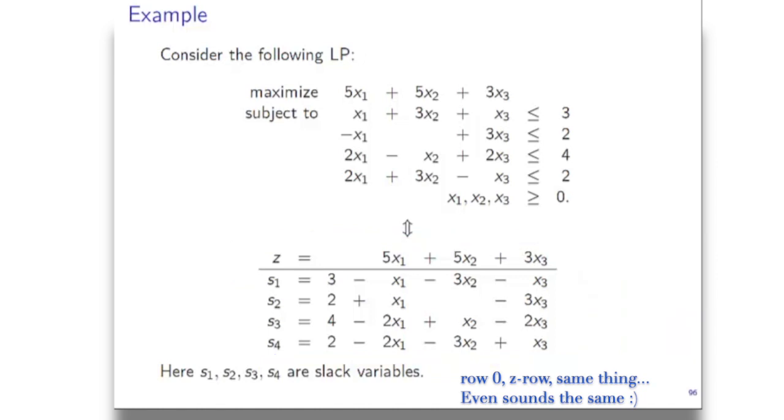With this representation, the problem of solving this original LP is reduced to the problem of solving this linear system subject to non-negativity constraints for all the variables. And we don't just need to find any solution to this system, but we need to find a solution such that z here is as large as possible. So we want to maximize this objective here.